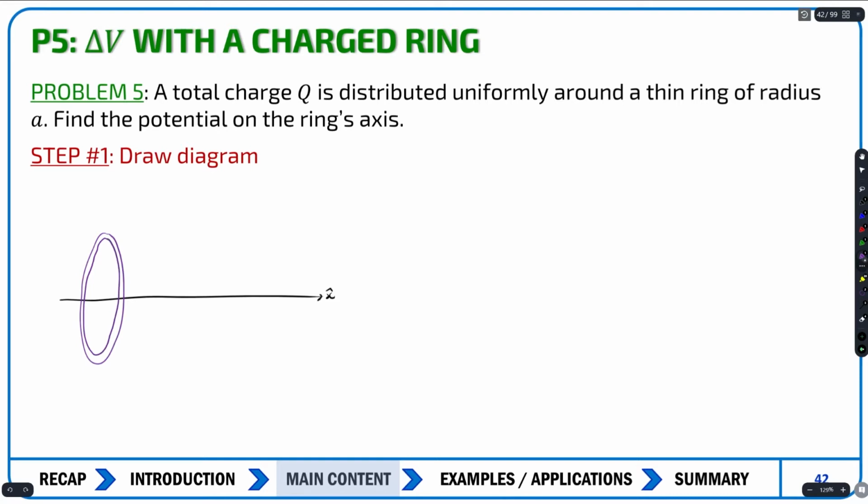So there's my thin ring with the radius of a. And we're trying to find the potential on the ring's axis. So there's going to be a point P over here where we want to figure out what the potential is.